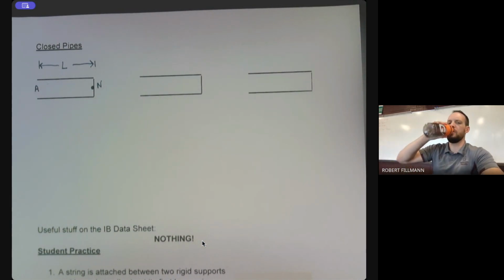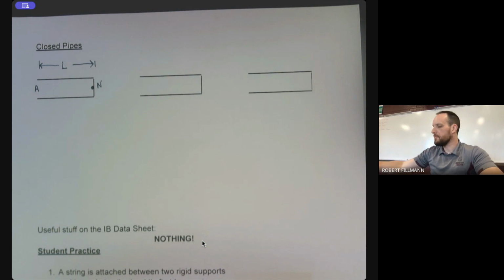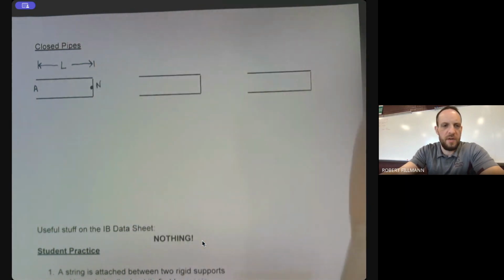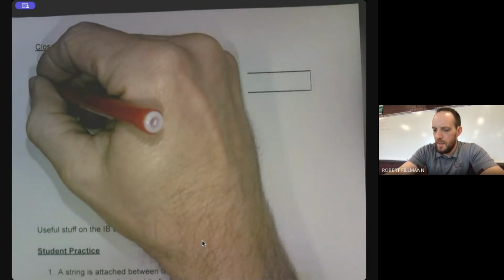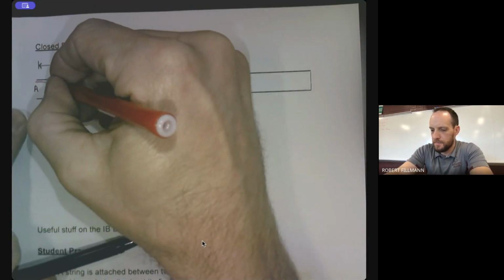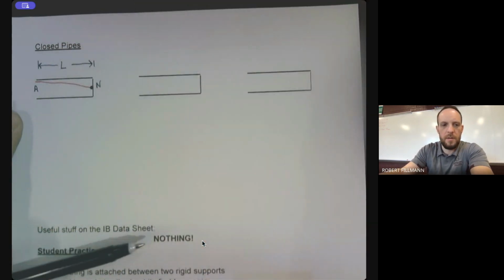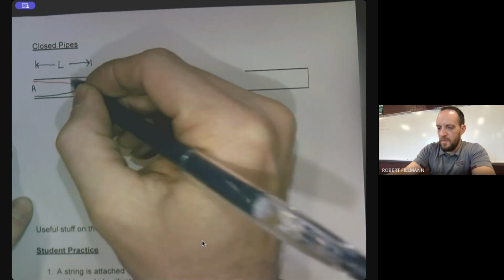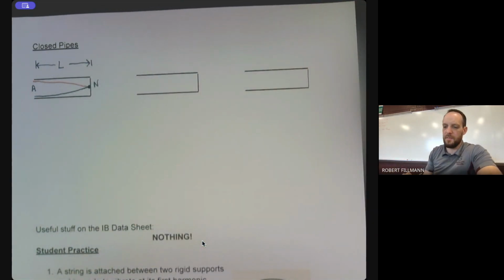So I'll get a string here. The most simple pattern: antinode, node, I don't have to put anything in between. They alternate with each other. We can have the antinode to the node, something like this, crest to midpoint. There's my simplest pattern.